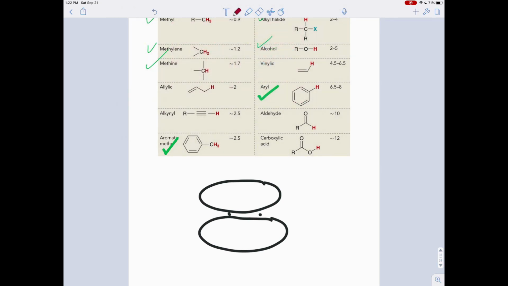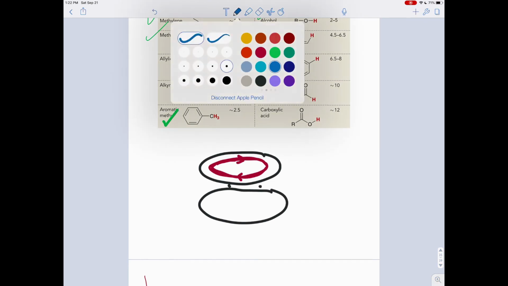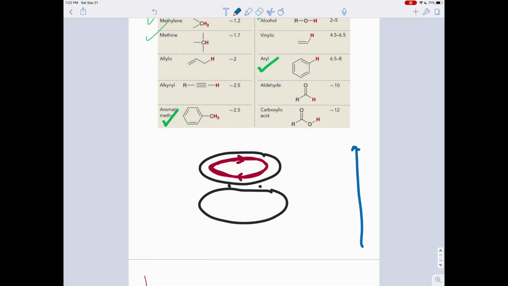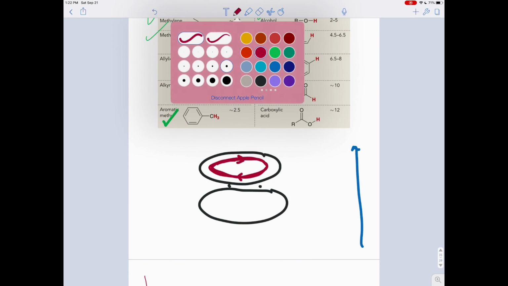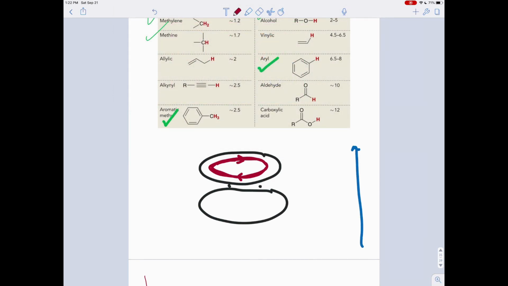And the electrons in a pi bond can swirl around the pi bond in the same sort of way that they swirl around the benzene ring. So if you have an external magnetic field, those electrons will swirl around in a way so that the magnetic field they produce opposes the external magnetic field. But if that's the north side, when you create that, it creates a south side on the opposite end.